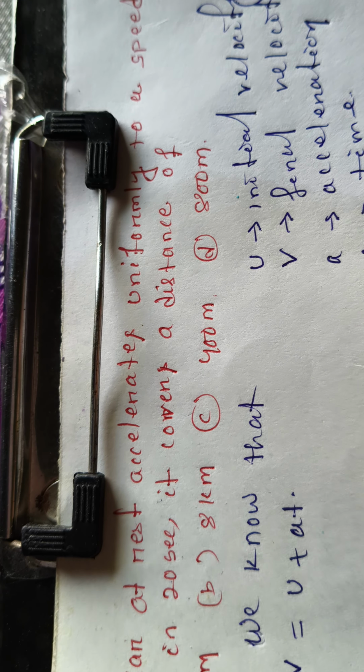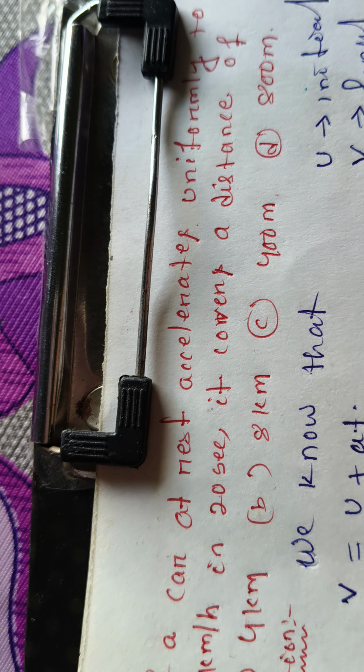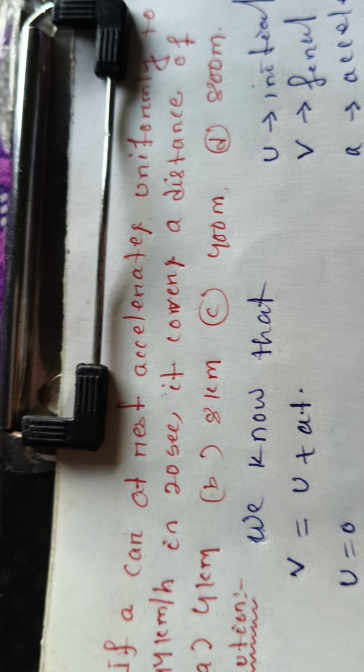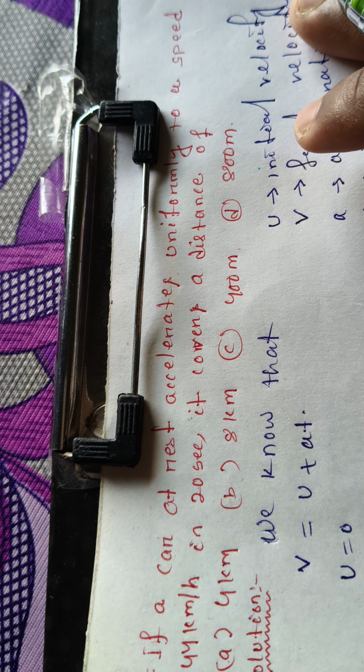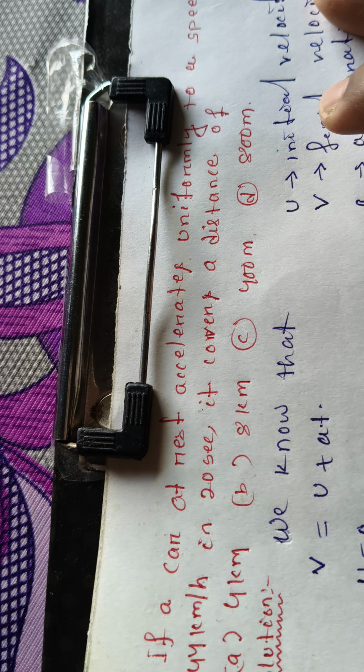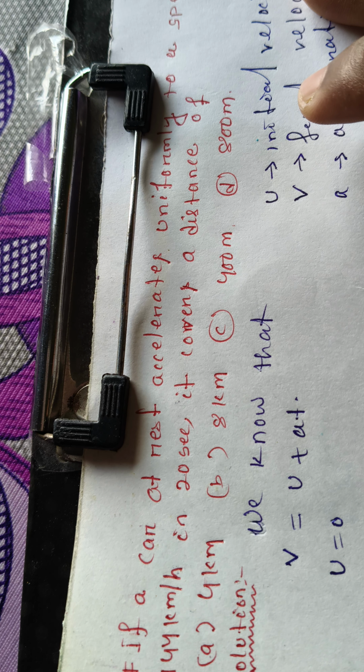Okay, but according to the question, a car at rest, that means your initial velocity is equal to 0 and accelerates uniformly to a speed this much.